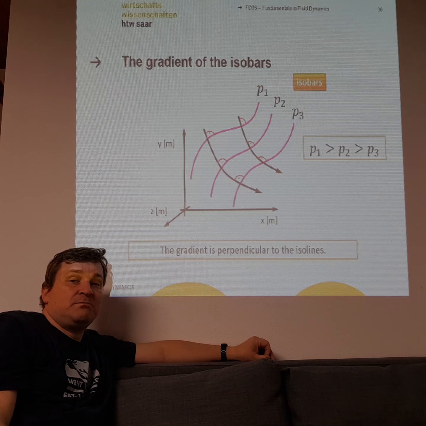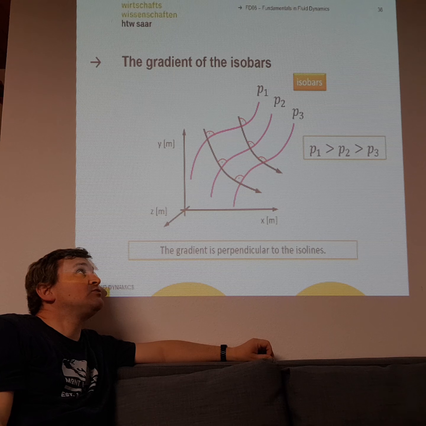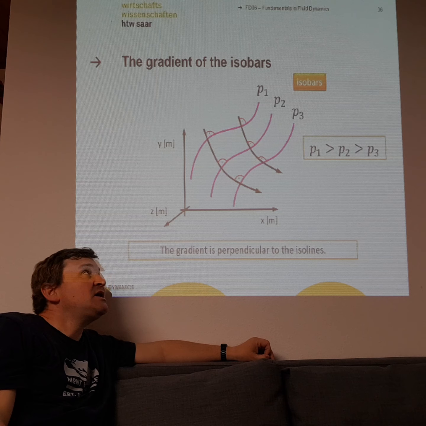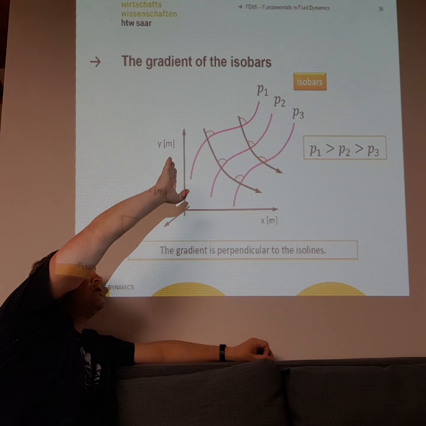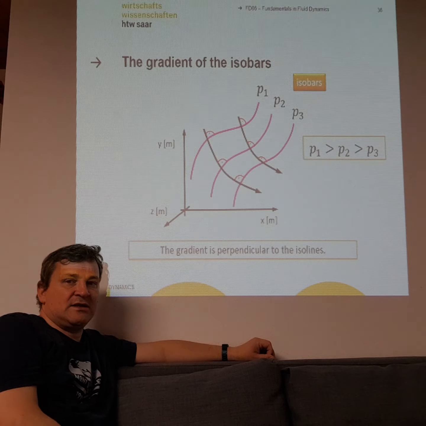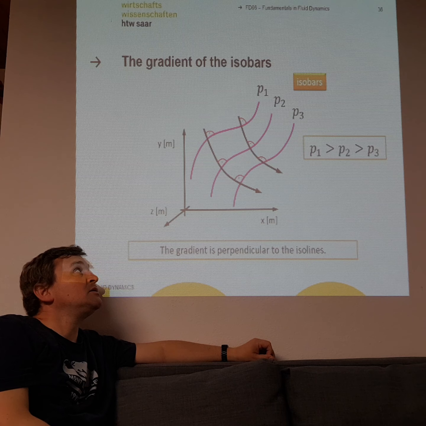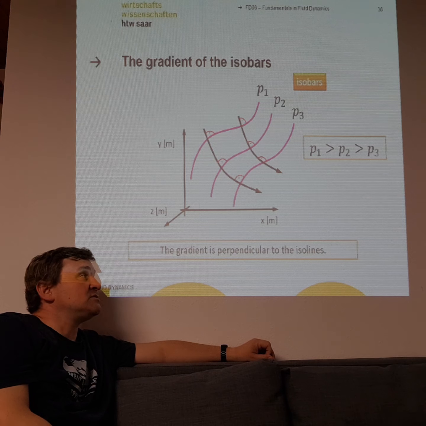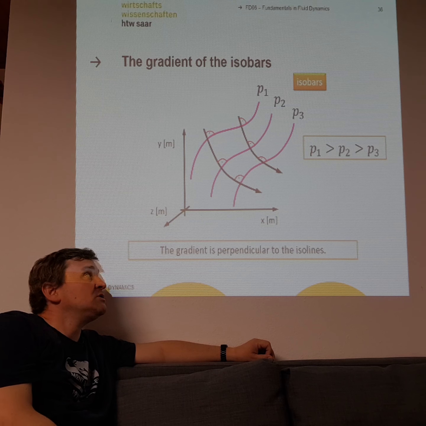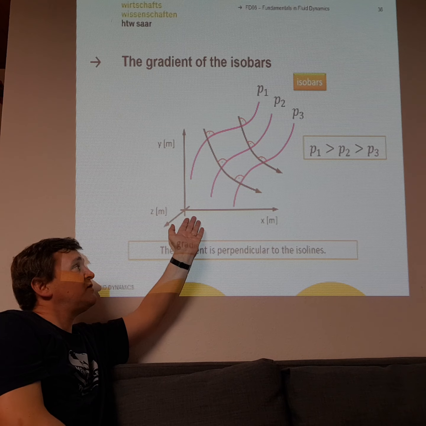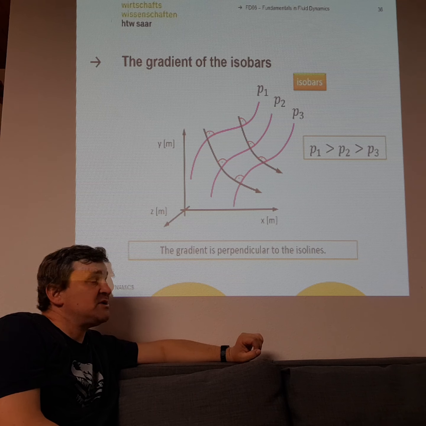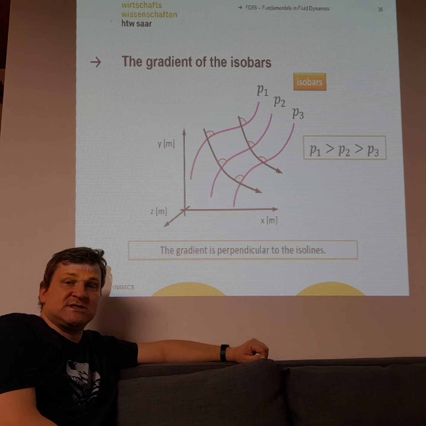And then we will build up a gradient between these isobaric lines, and the fluid flow will follow our pressure gradient here, into the direction of the arrows. So we need a formulation for this three-dimensional coordinate system.